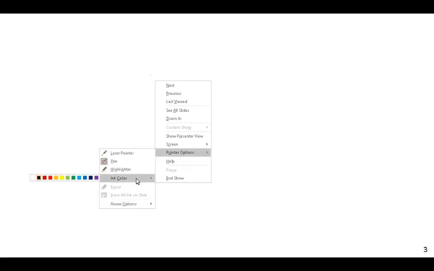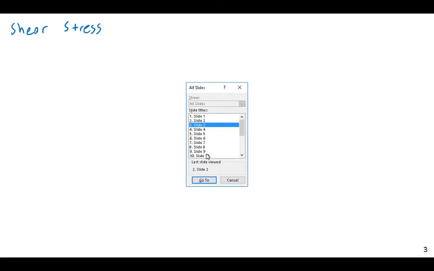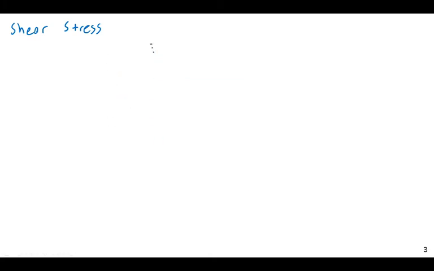So let us look at shear stress on a transverse plane.